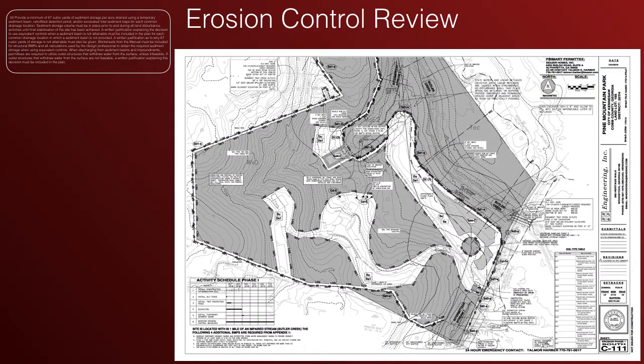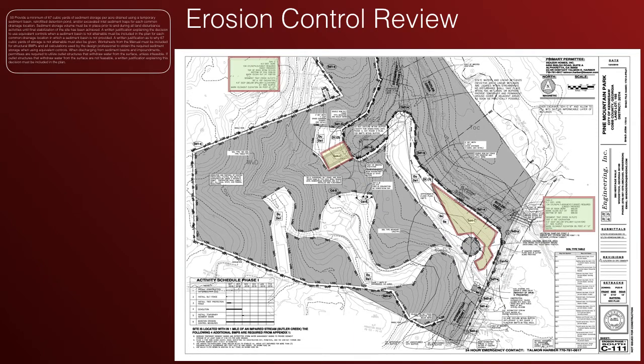In other words, provide sediment storage at each discharge point so the sediment that you create during construction doesn't enter the downstream waterways. And if you were an erosion control reviewer, you would see the southern part of the property here on page C111, and the thing that would jump right out at you is the 2 sediment basins that are shown here in yellow and the calculations that are highlighted in green.